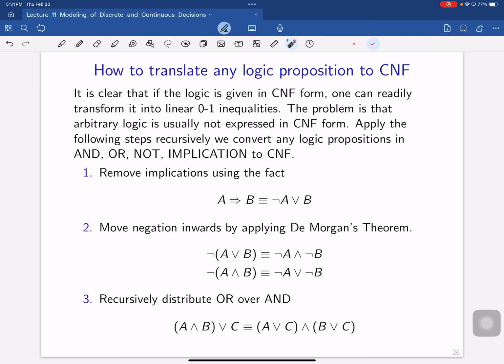Now, we are still not at conjunctive normal form yet, because you need to have the or inside the parentheses and the and outside, but it may not be in that form. What you can do is to apply the distributive relationship to bring the or over the and. If you have or outside the parentheses, you can use distributive law to bring them inside. So after following these 3 very simple steps, you get a conjunctive normal form, and then you can apply the translation to translate into linear inequalities.